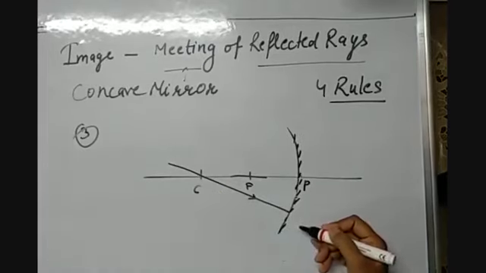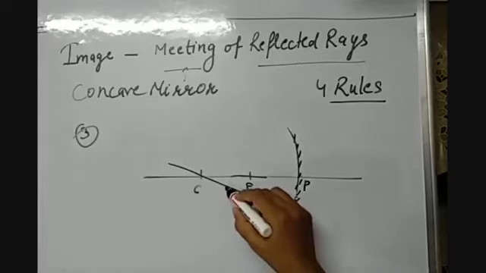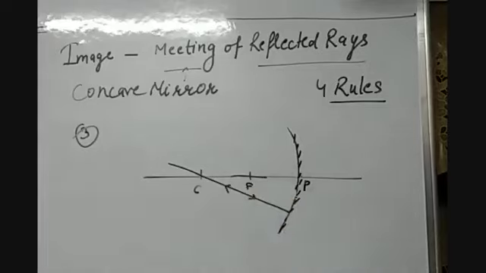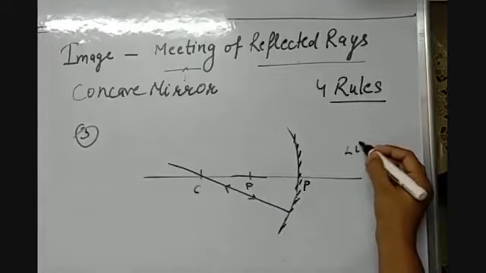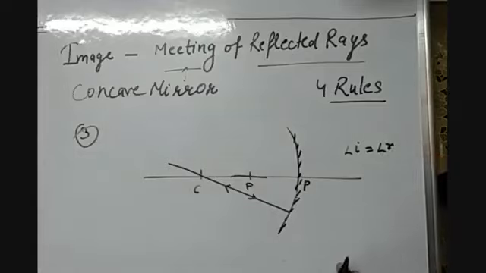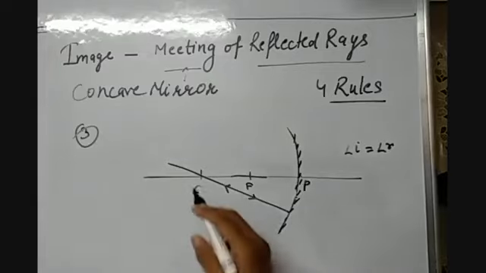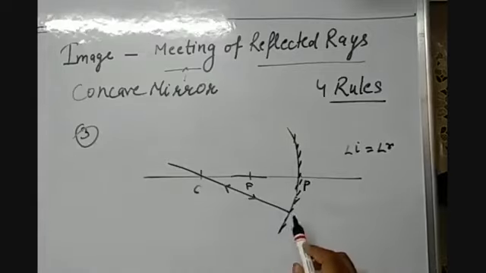So it will retrace its path, as we have already understood this concept, because this light ray has to follow the law of reflection. According to the law of reflection, the angle of incidence should be equal to the angle of reflection. So if it is falling normally, it will get reflected by an angle of 90 degrees. So it will retrace its path, and after reflection it will go back through the center of curvature.